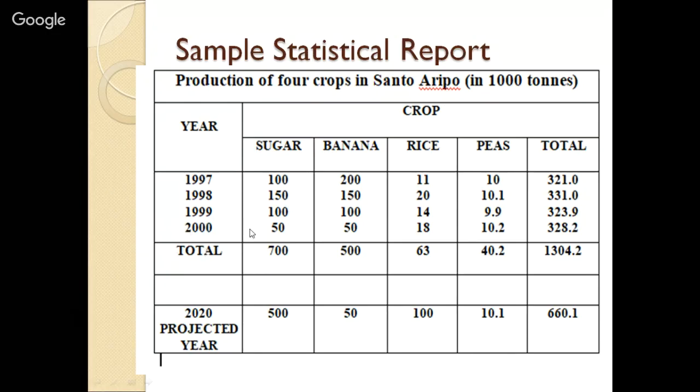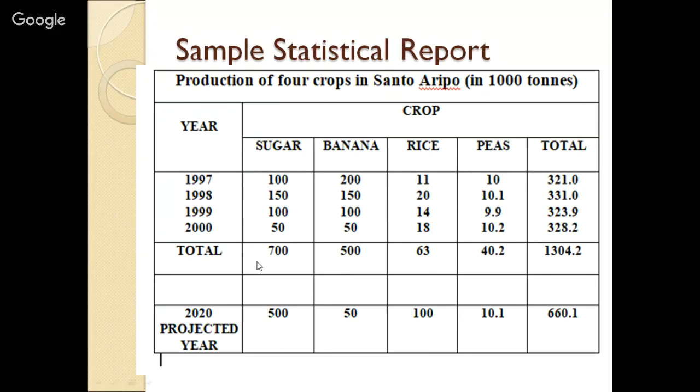We're looking at the year 2000 and the final figures for the crops, and then going down to the projected year and looking at what the projection was. The projected year means what you think will happen in the year 2020 with the production of these crops. That's what is meant by projected year.